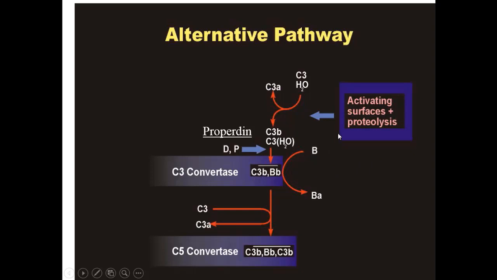After binding of C3b on the surface of, for example, a bacterium, the factor B, protein specific for alternative pathway, binds to C3b, and enzyme called factor D that is specific for alternative pathway also cleaves factor B into Ba and Bb. Ba diffuses away and Bb binds to C3b and makes C3 convertase of alternative pathway, and this complex is C3 convertase of alternative pathway.